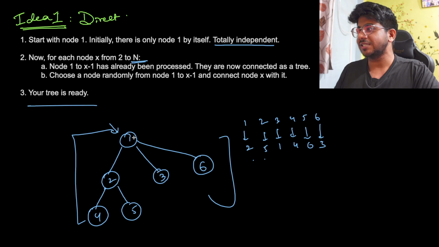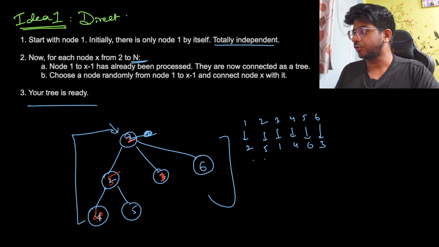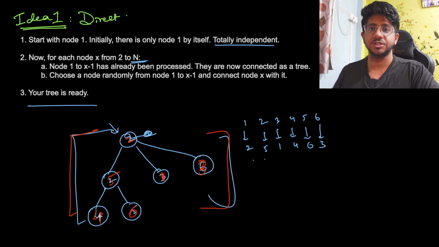And then replace these nodes, like 1 will become 2. I'm just going to replace it directly over here. 2 will become 5, this will become 1, this will become 4, this will become 6, this will become 3. So this is a random tree which no longer has 1 as its root, right?